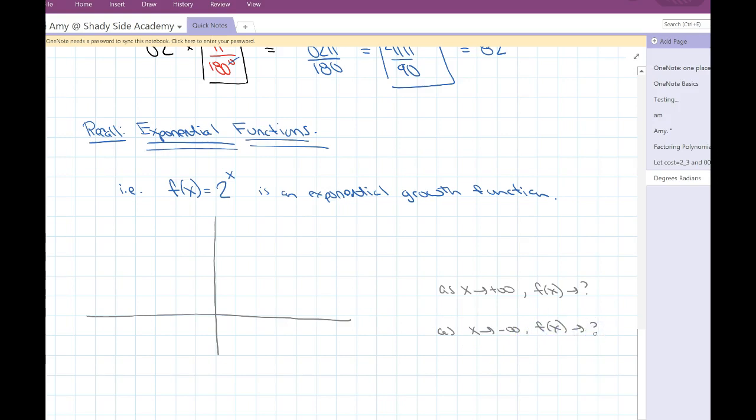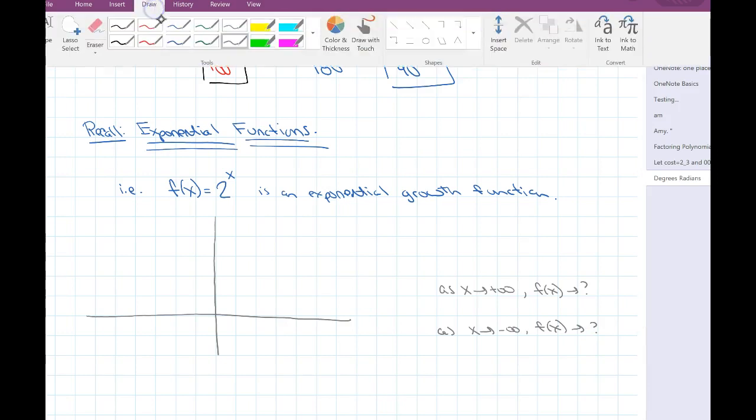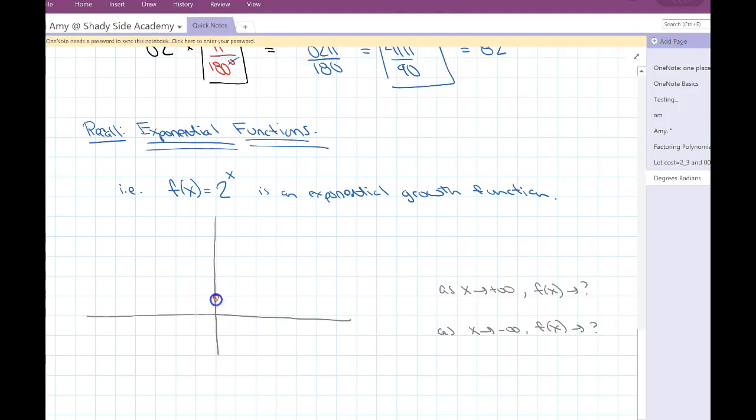Let's see. Well, 2 to the 0, anything to the 0 equals 1. When x equals 1, I have 2. When x equals 2, I get 4. When x equals 3, I have 8. So I'm kind of off the charts here. 1, 2, 3, 4, 5, 6, 7. And then when x equals negative 1, 2 to the negative 1 is 1/2.